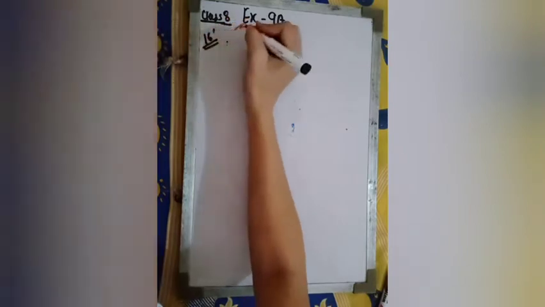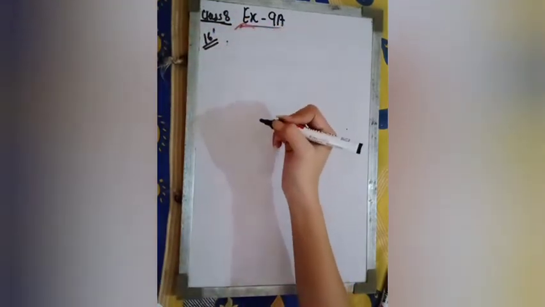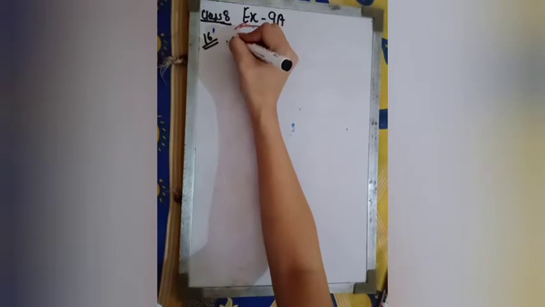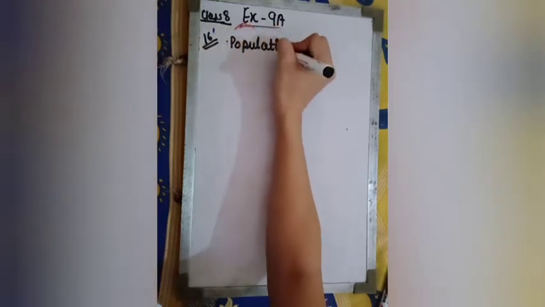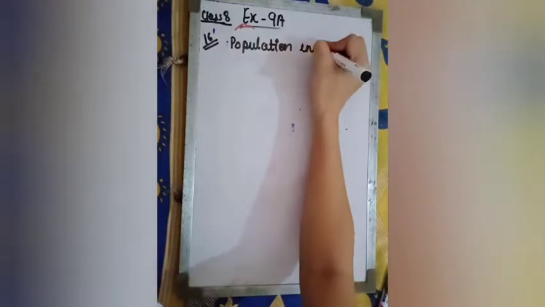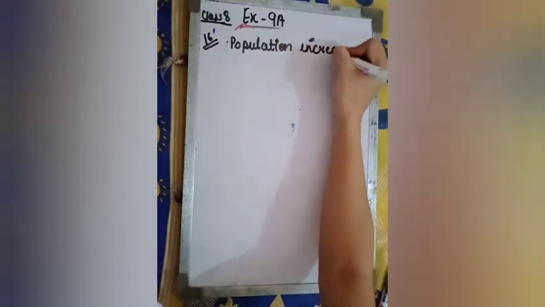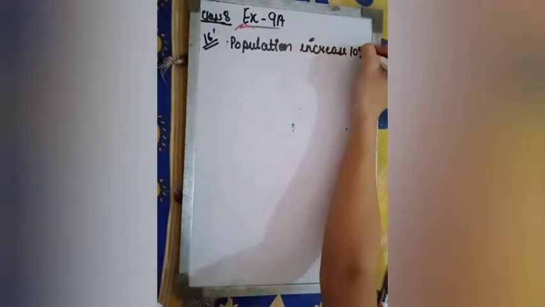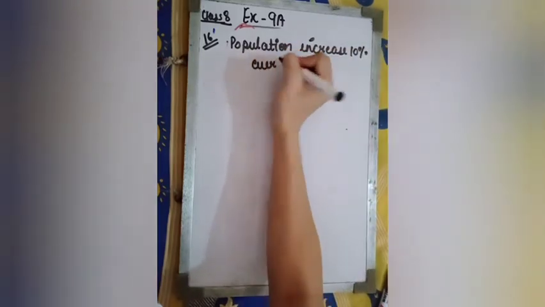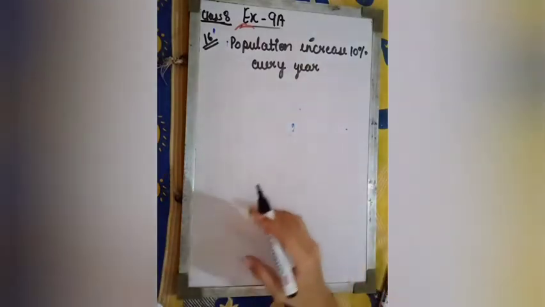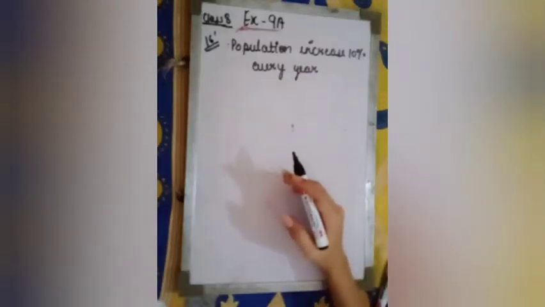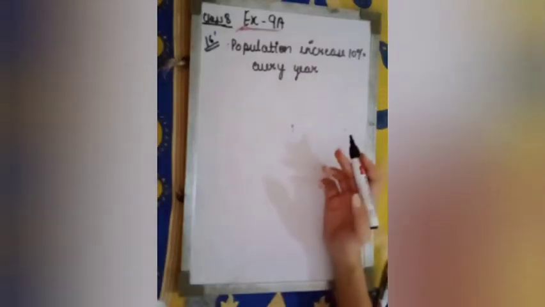Question number 16 is population of a town increased annually. There is a village whose population increased 10% annually, means every year. लास्ट ईयर अगर 10 है तो इस बार कितना हो जाएगी, 10% इंक्रीज हो जाएगी उसमें.